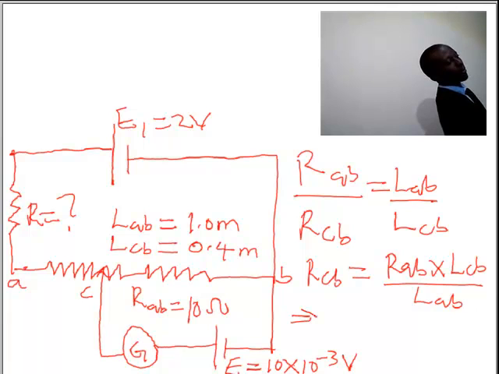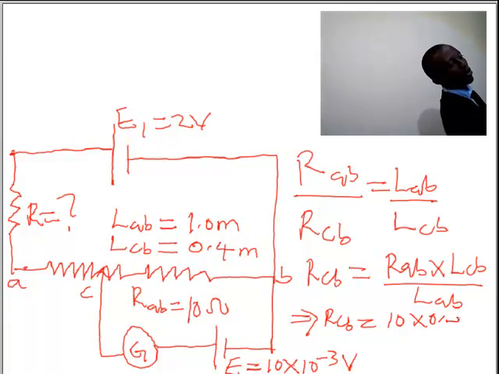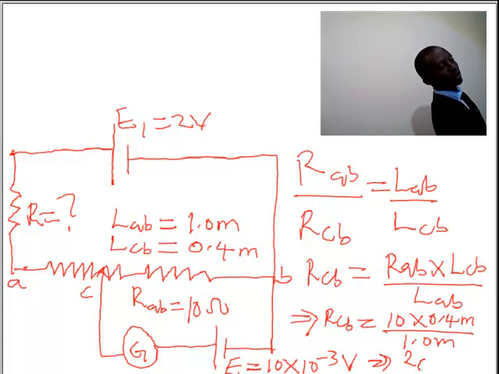This implies that RCB equals RAB, which is 10 ohms, times LCB, which is 0.4 meter, divided by LAB, which is 1.0 meter. This implies that RCB equals 4 ohms.